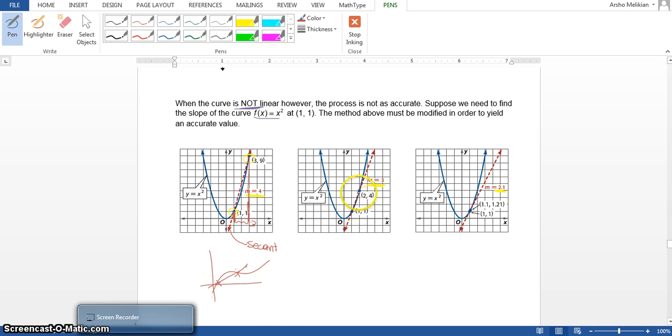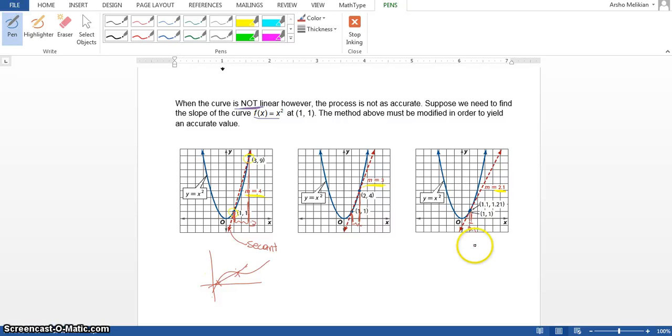We brought now the point closer so that it's only 1 space apart. Finally here, we brought the points so close to each other. How far apart are they? 0.1. But in terms of calculus, 0.1 might as well be 5,000 miles away. Even that is a very big distance.